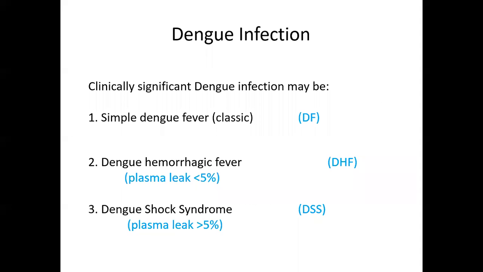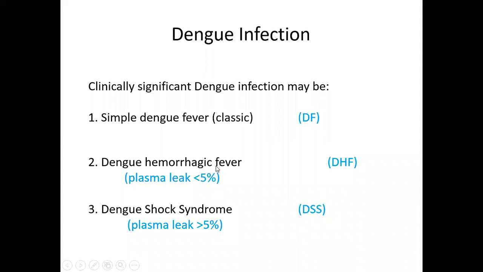So the clinical presentation of dengue virus infection: these are the simple dengue fever, that is a classic presentation and is not highly fatal, and dengue hemorrhagic fever. Dengue hemorrhagic fever is a fatal condition and the mortality rate is high.